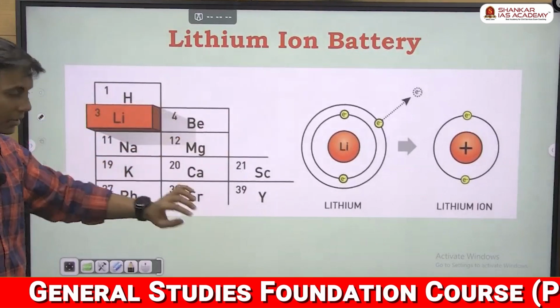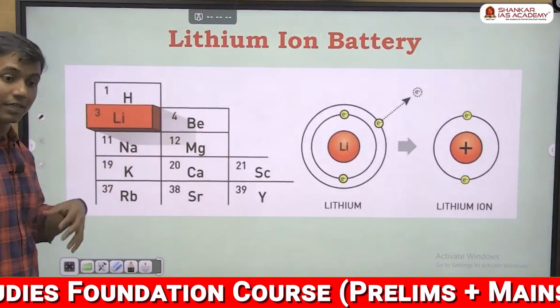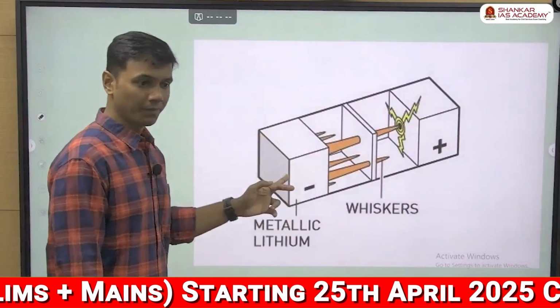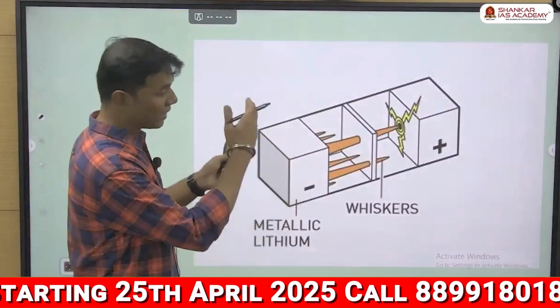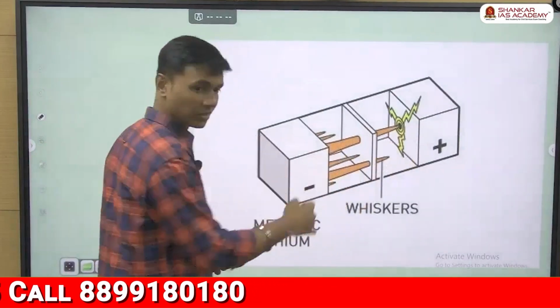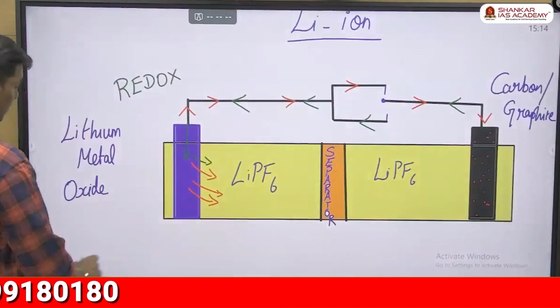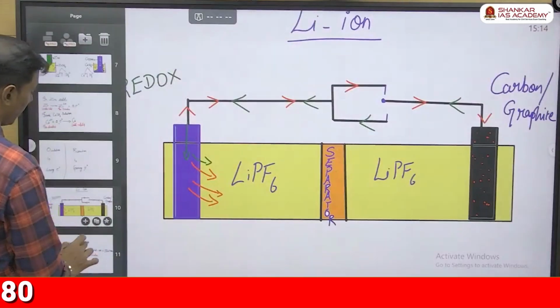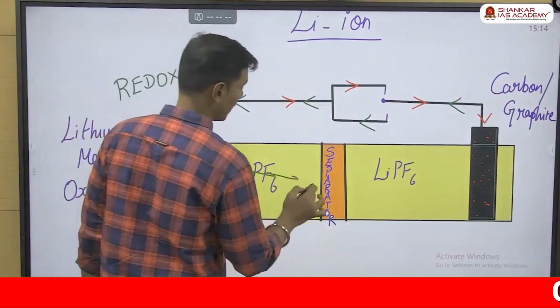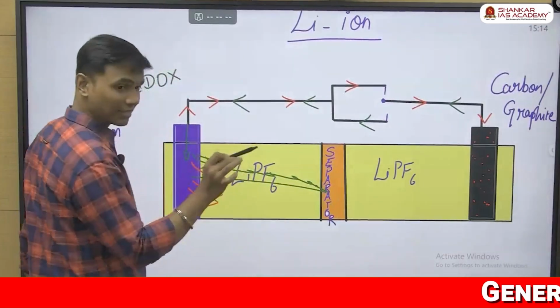The problem here is when it shrinks and grows, that is when it dissolves and grows, something like this will happen. Do you see here? When they are growing, they won't grow in a linear manner, but instead they will start forming fringes. If it is repeatedly shrinking and growing, this will start forming tiny fringes, which will pierce the separator.